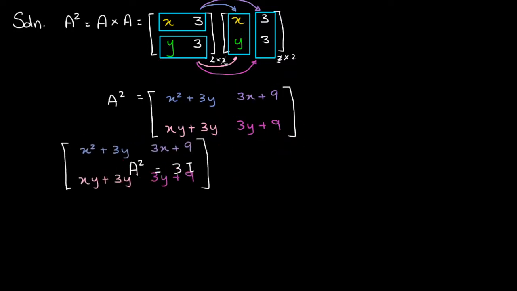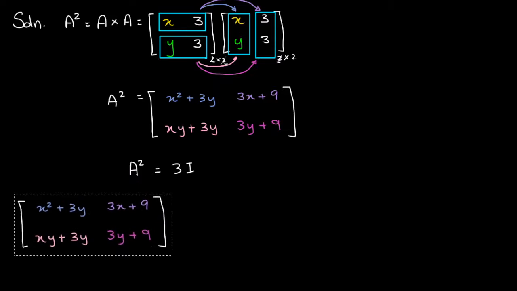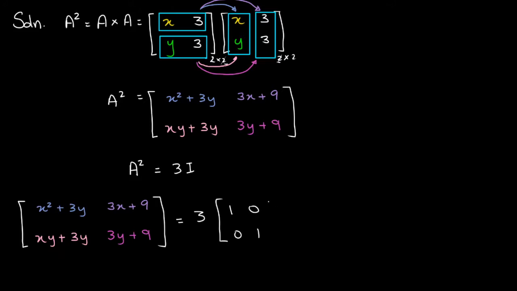So we have A square equal to 3I. So remember, I is the identity matrix, which is 1, 0, 0, 1.